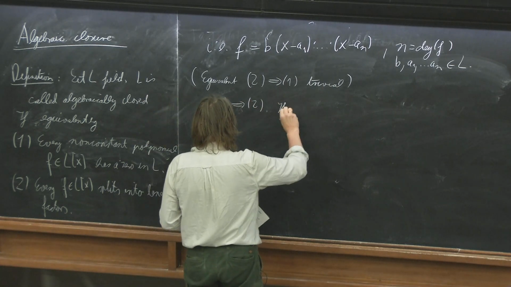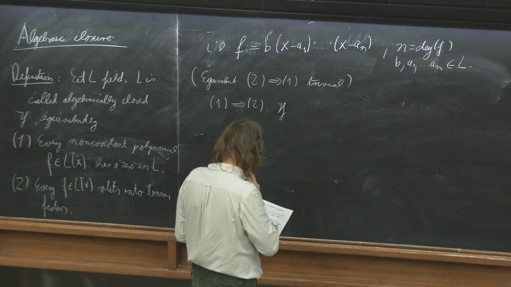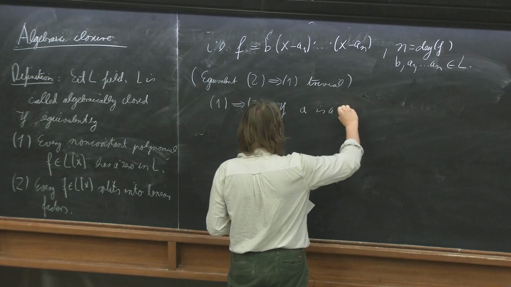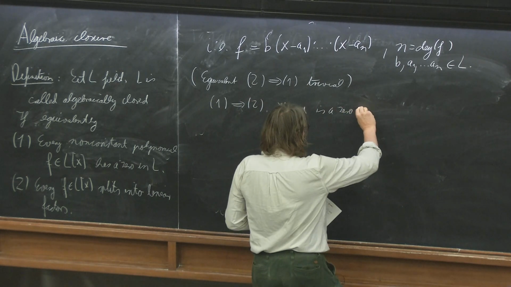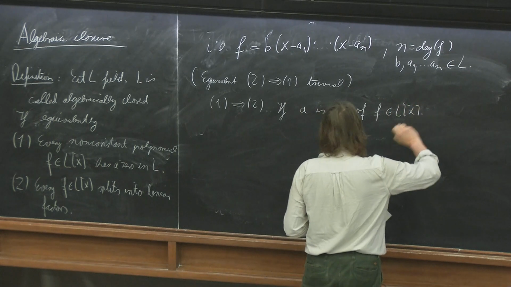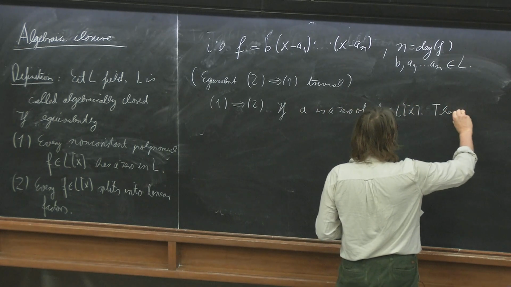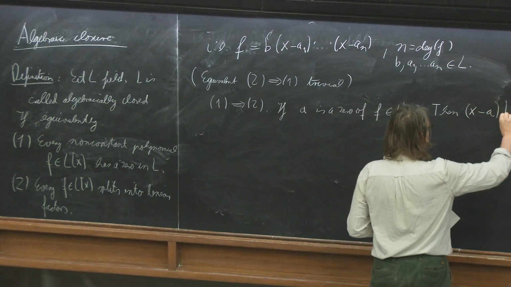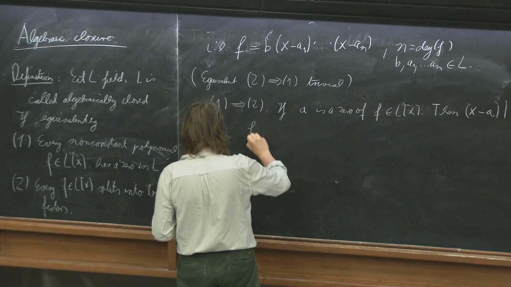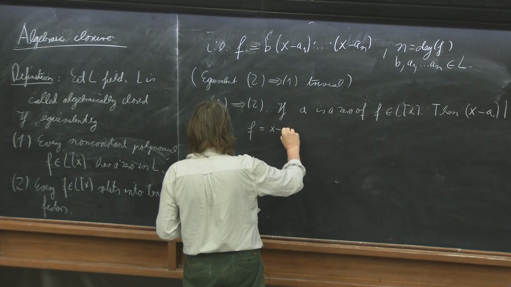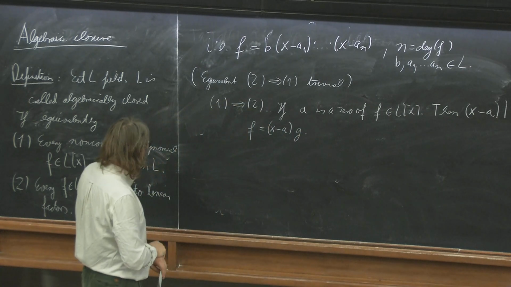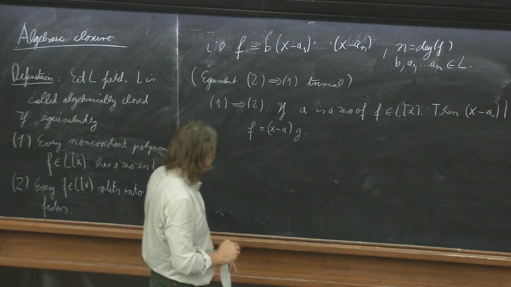So if a is a zero of f in L[x], then x minus a divides f, we can write f as (x minus a) times a polynomial, and now we make induction on the degree of f.